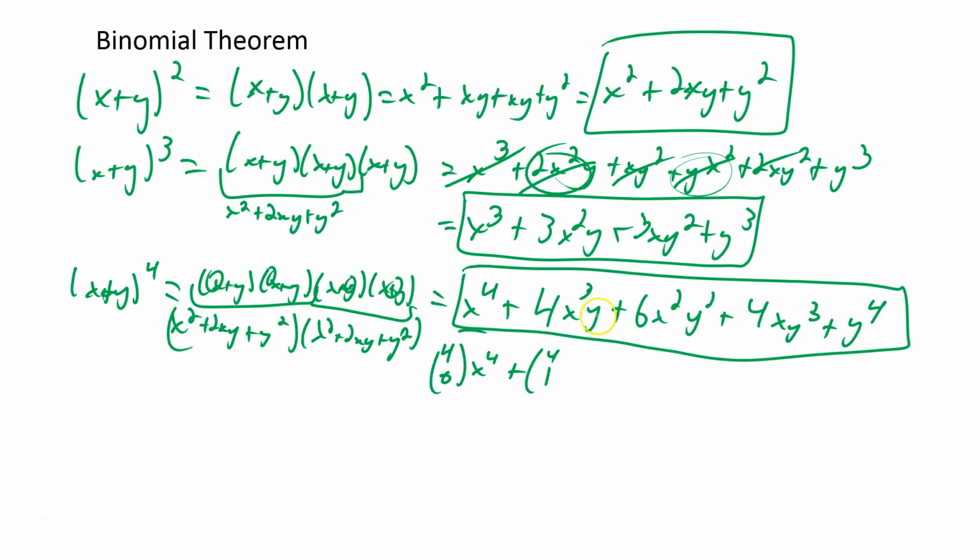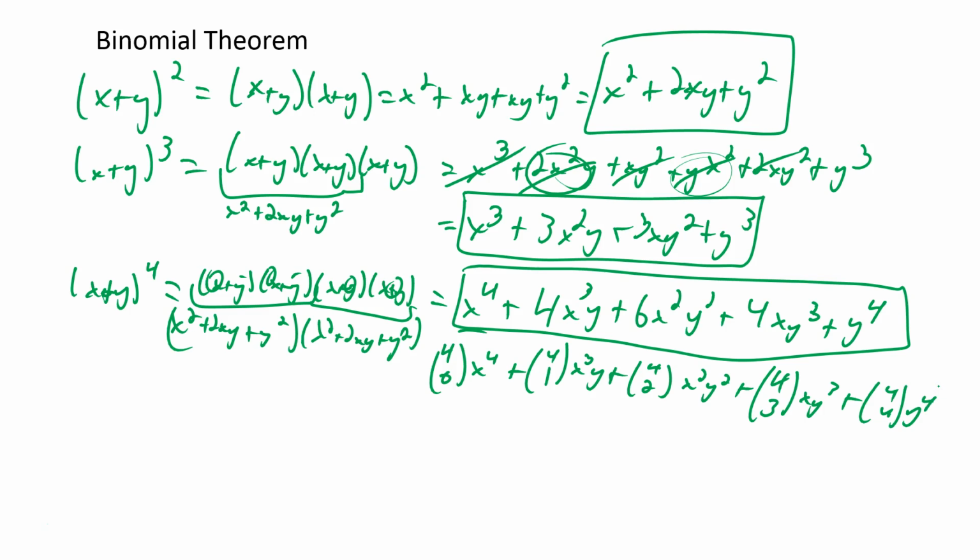Then I'm picking 1 of those y's, and that's x cubed y. And then I'm picking 2 y's, x squared y squared. And then I'm picking, let's see, this is 3 y's, x y cubed. And then I'm picking all 4 y's. So there's only one way to do that. I pick y, y, y, y. Y to the fourth.